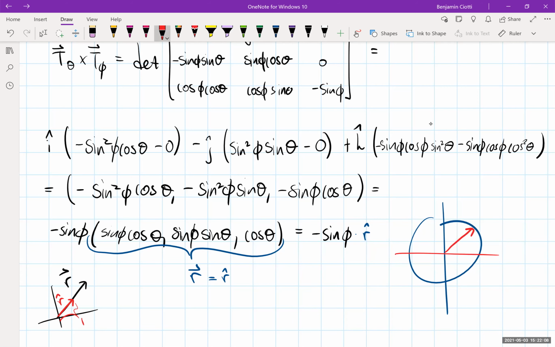R equals r hat on the sphere, because the length is already 1. And it's also the normal for the sphere.